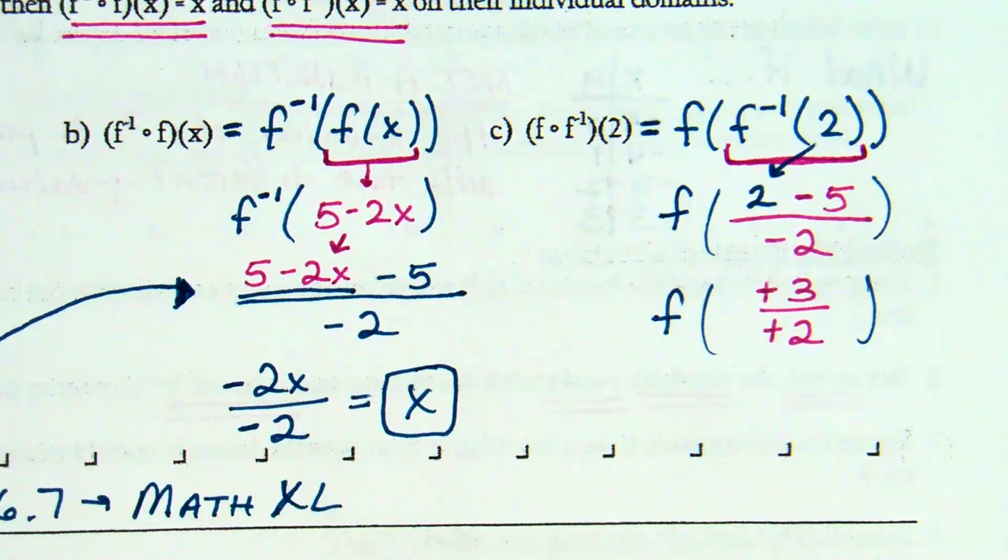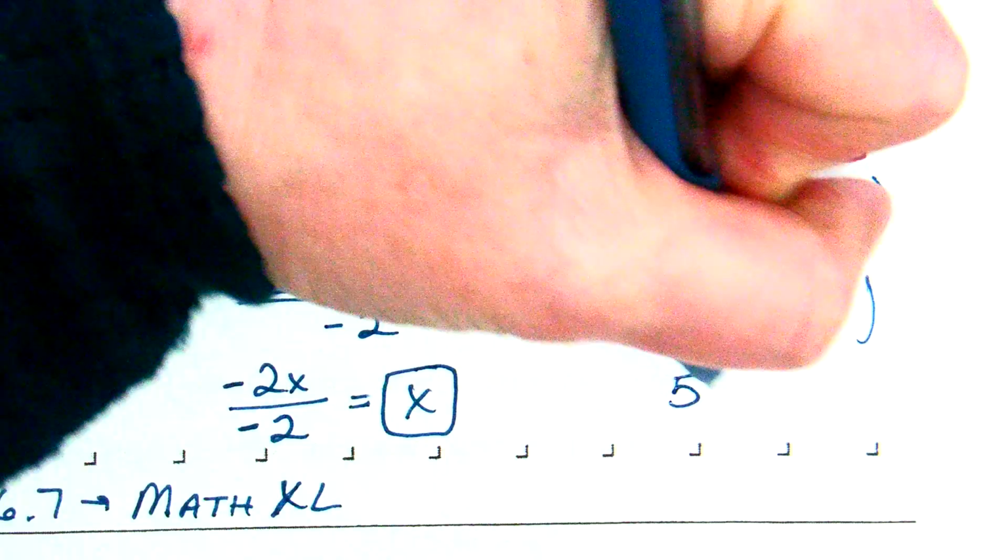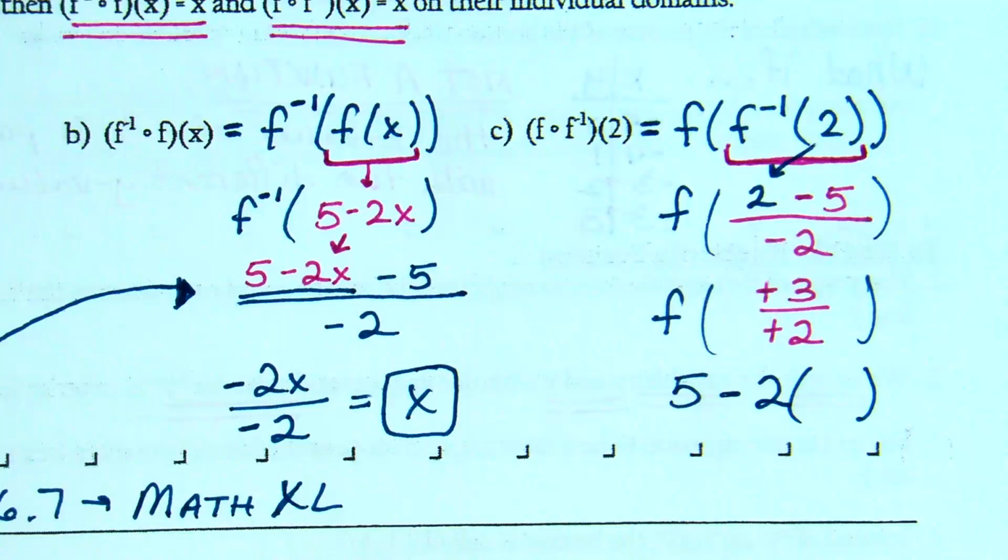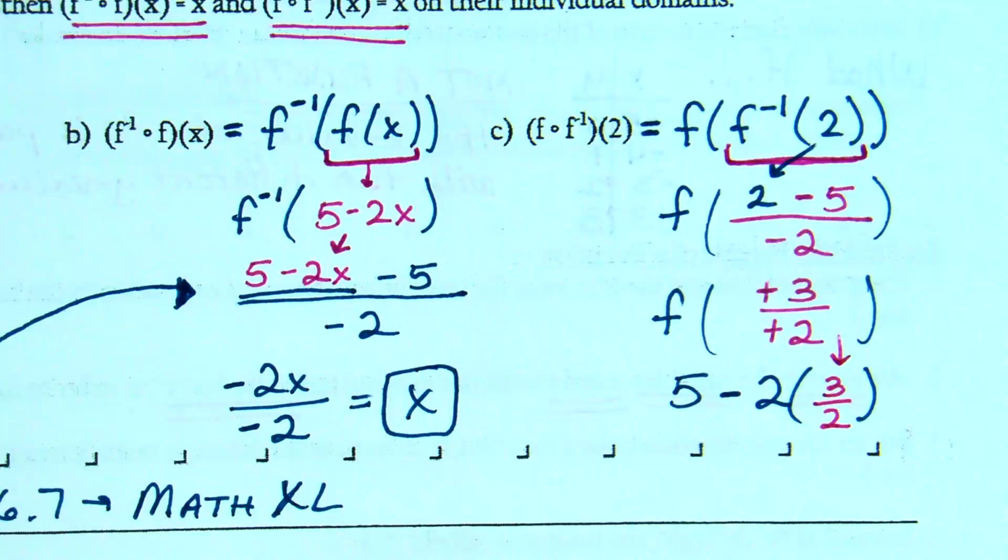How do you multiply 2 times 3 halves? 2 over 1 times 3 over 2. The twos cancel, and you have 3 over 1. So it becomes 5 minus 3. What is 5 minus 3? 2. What answer were we expecting to get? 2.